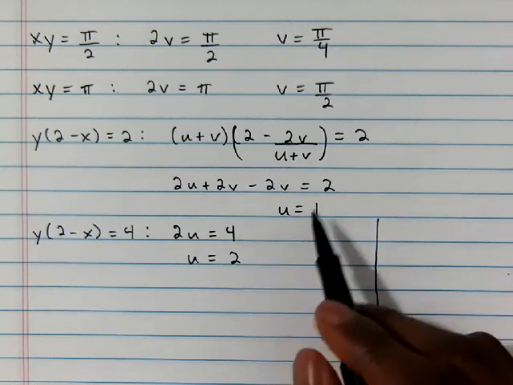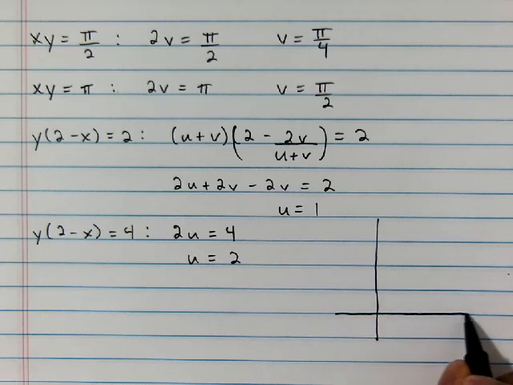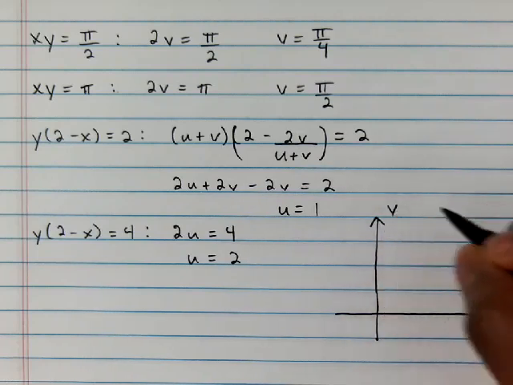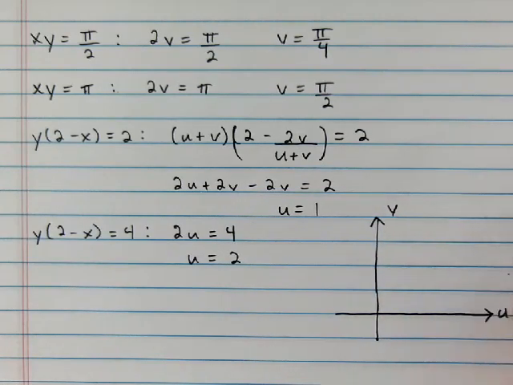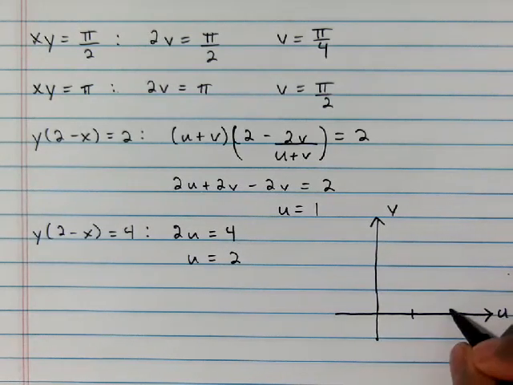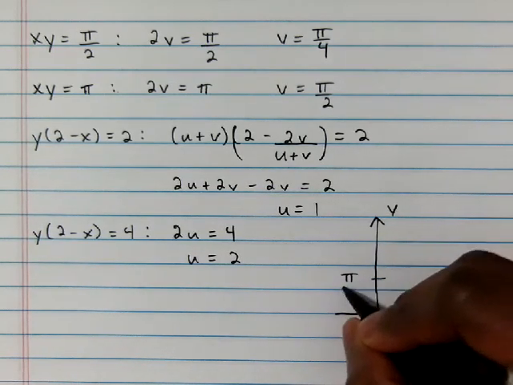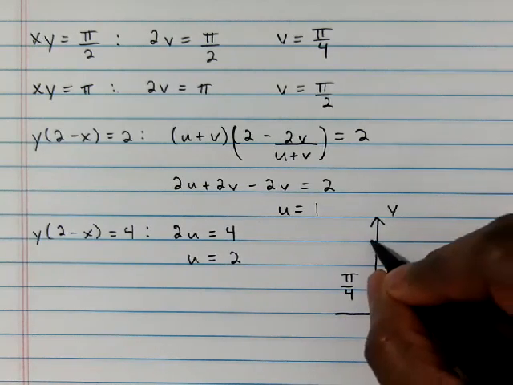Where are we all positive? Yes, we are. And this is in the UV plane. And u goes from 1 to 2, and v goes from pi over 4 to pi over 2.